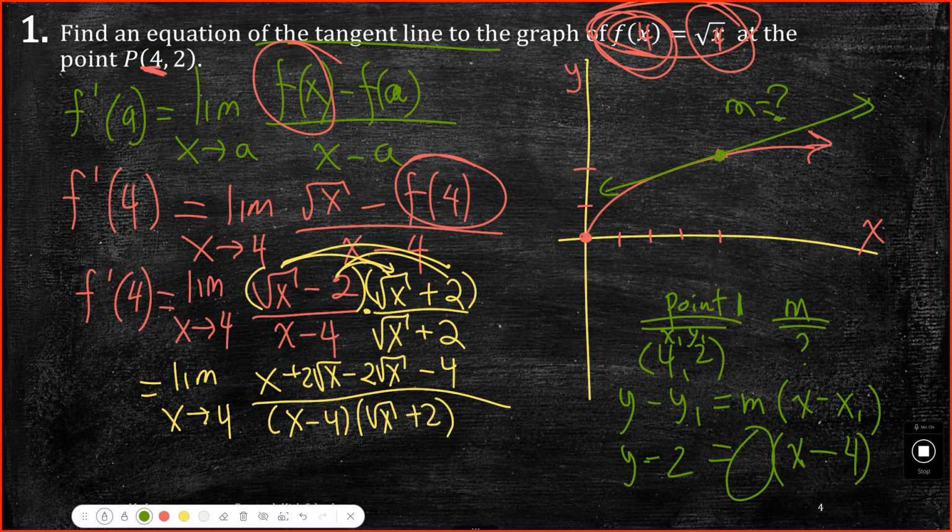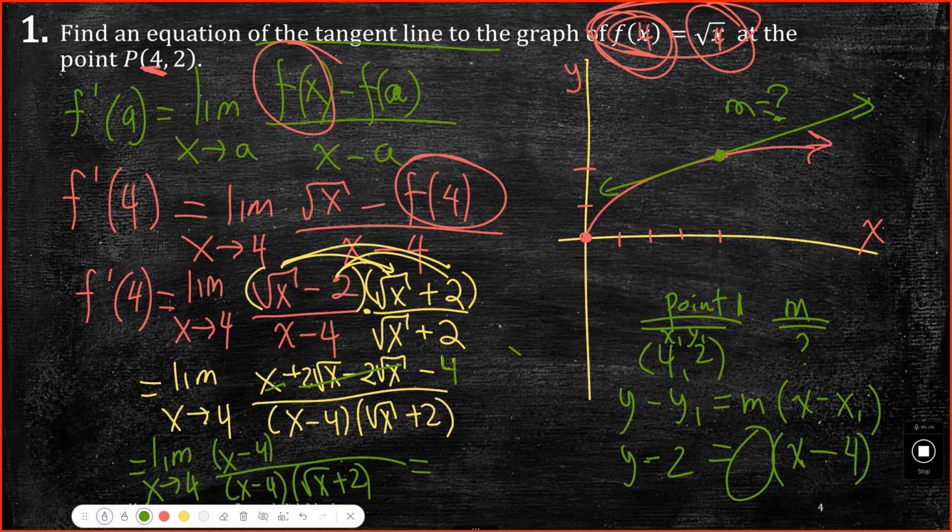The middle cancels out. So now we get the limit as x approaches 4 of x minus 4 over x minus 4 times the square root of x plus 2.